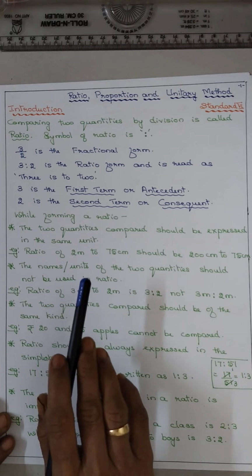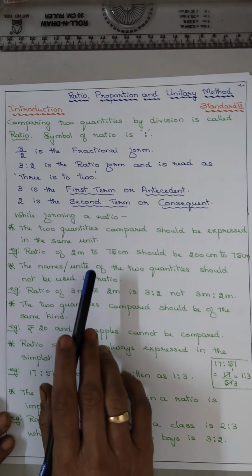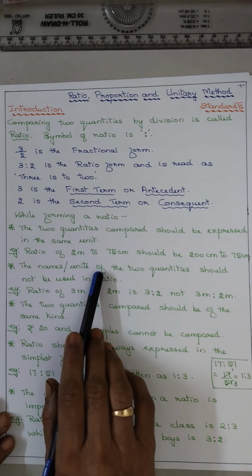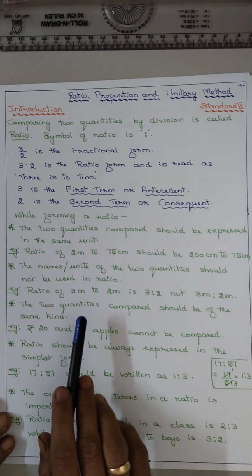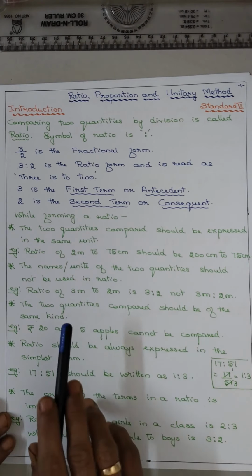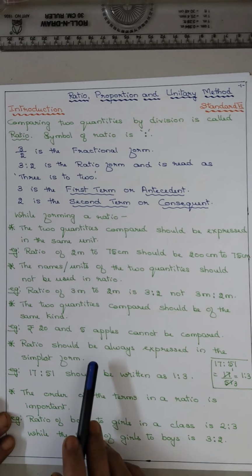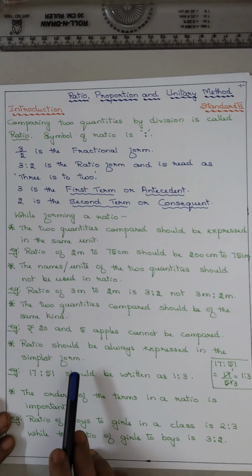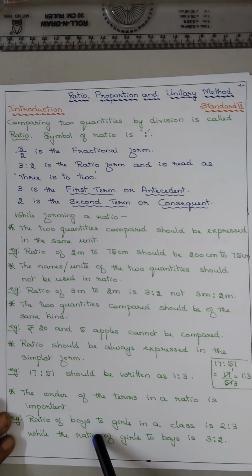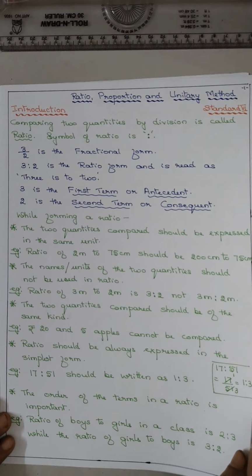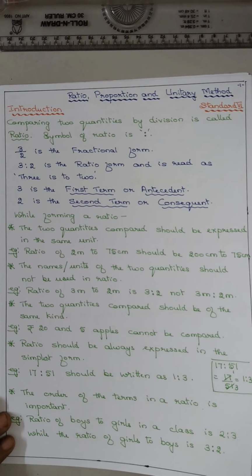Numbers should be written, not the names and the units along with it. थर्ड, जो भी हम कंपेयर करते हैं दोनों एक ही टाइप का रहना चाहिए. फिर रेशियो हमेशा सिंपलेस्ट फॉर्म में ही लिखने का है. और लास्ट, the order of the ratio, the terms should be in the perfect order. So you can't interchange the terms. Then it means the reverse.